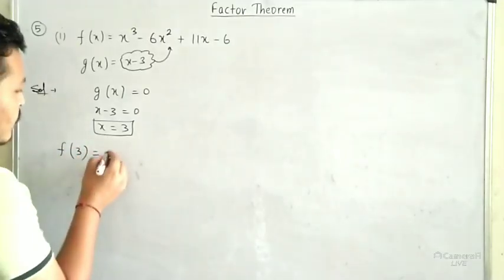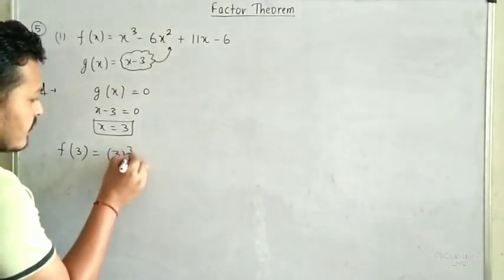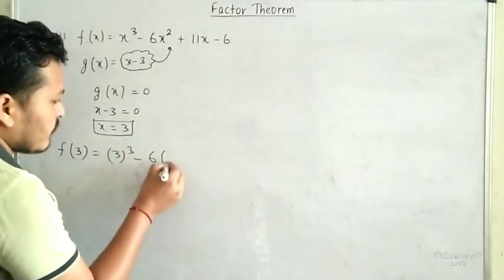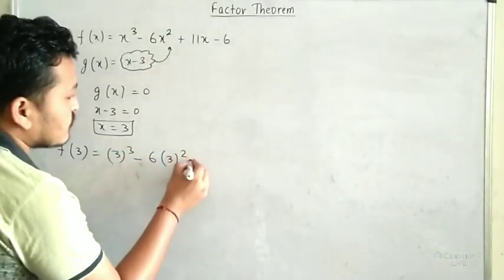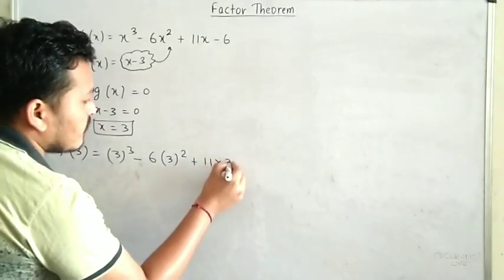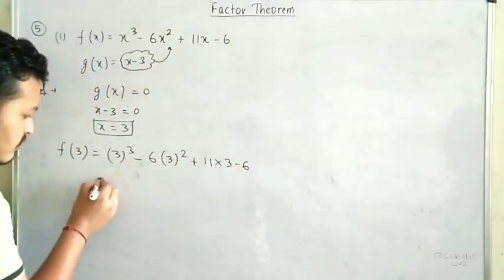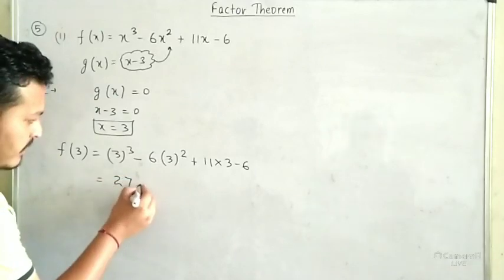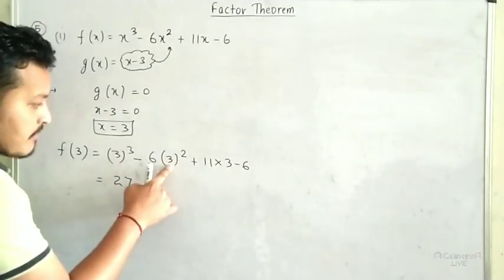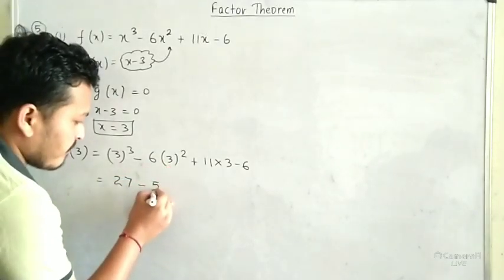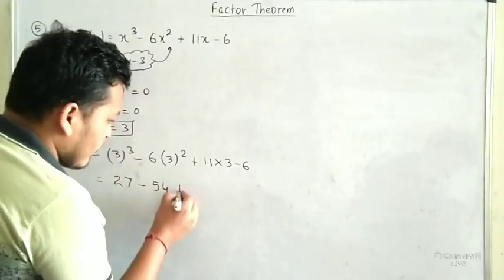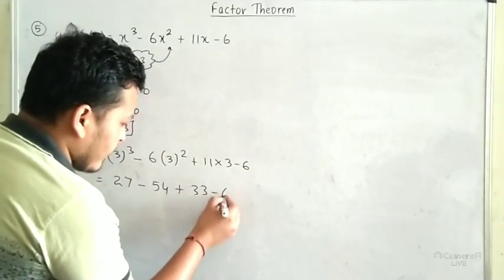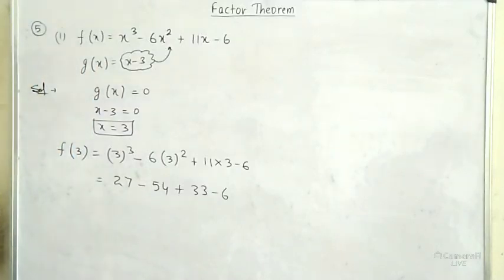So f(3) is equal to 3 cube minus 6 into 3 square plus 11 into 3 minus 6. Then 3 threes are 9, 3 nines are 27, minus 6 nines are 54, plus 11 threes are 33 and minus 6.